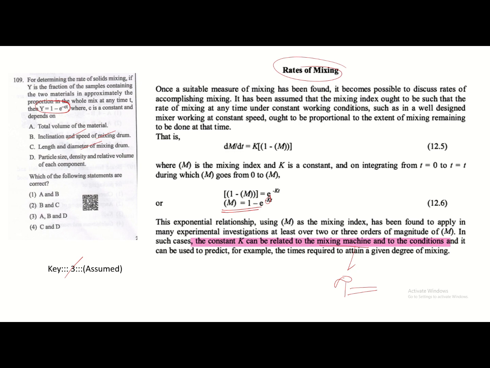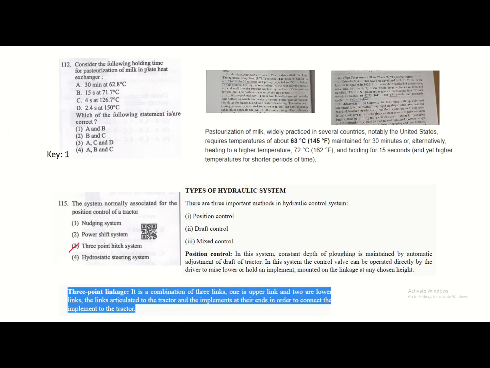Which type of particle will mix and what is the relative volume. The relative volume of these components will also matter, but the total volume of the material will not matter, because the feeding material will not be completely mixed at a time. We supply only a small amount. So the correct answer may be this 3. Let us see which one is the correct answer.